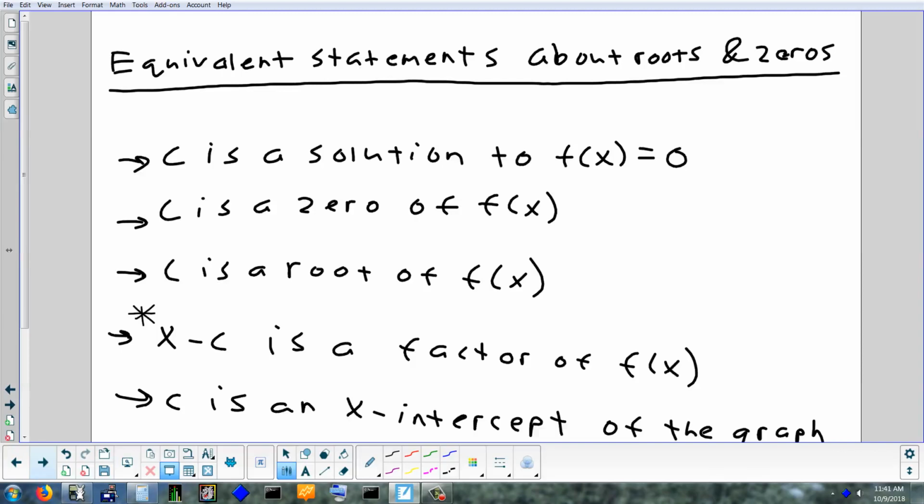All right, so if I told you I'm thinking of an equation in my head, and 2 is a root, well, then x minus my root is a factor. It has to be. So those are all equivalent statements. That second to last one's probably the most important.